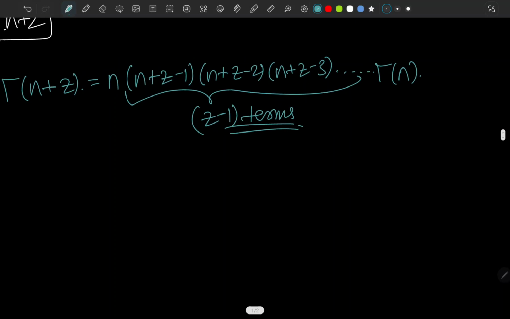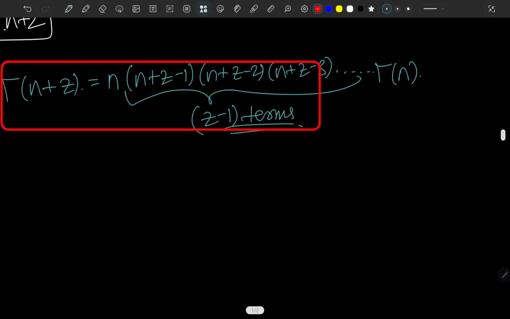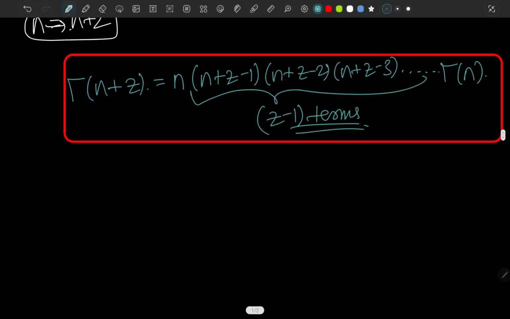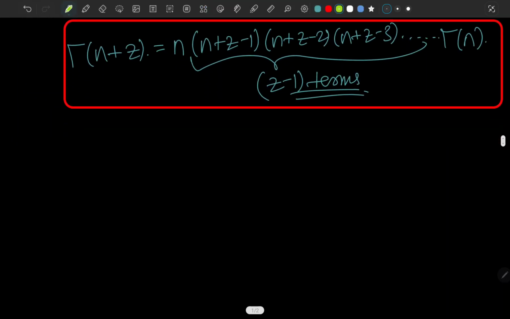This is a generalization that I personally worked out. Let's check whether it is useful for us or not.